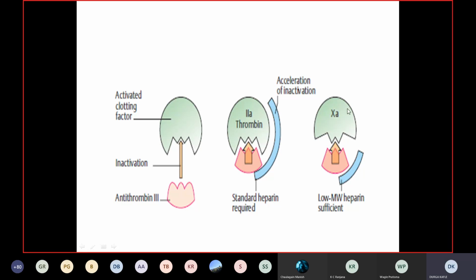But for the inactivation of factor 10A, only the coverage of the antithrombin 3 is sufficient. There is no requirement of covering all this clotting factor as well as antithrombin 3. If it covers, it also inactivates factor 10, but in some conditions, even if it is not covering factor 10A, it inactivates factor 10A. This is the very basic concept in heparin.